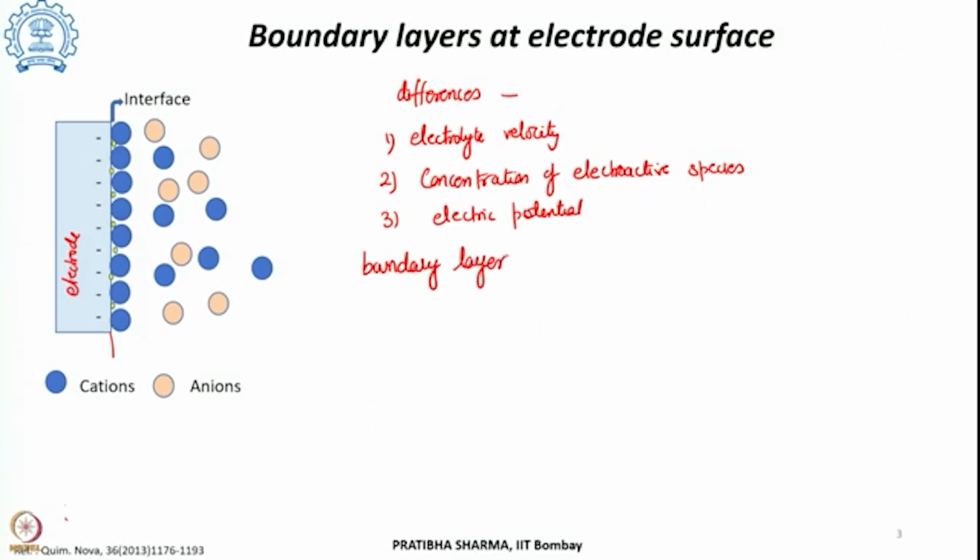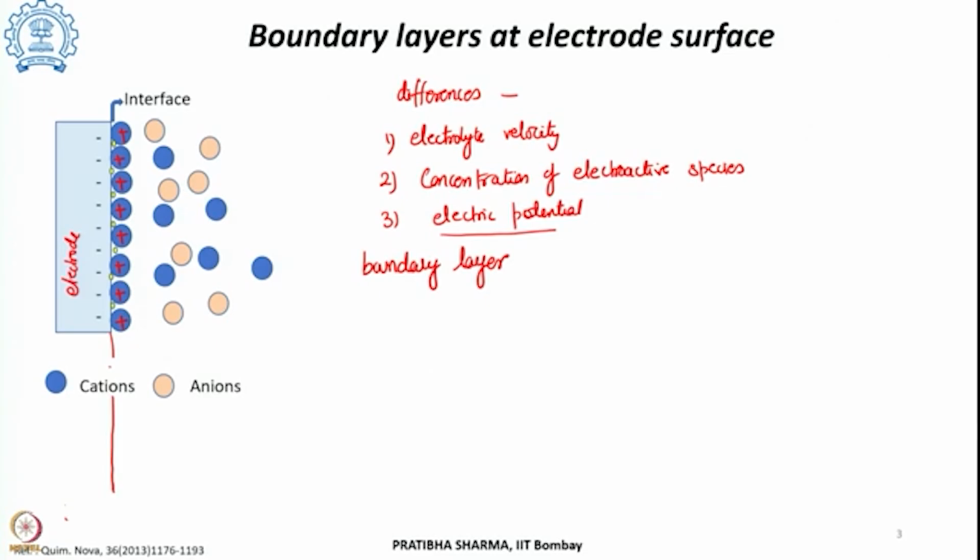at the interface. For example, let us consider the difference in the electric potential at this interface. If we try to plot, this is a model wherein we can see that if this is a negative electrode, on the surface of it there are positive ions, they form a sort of compact layer.